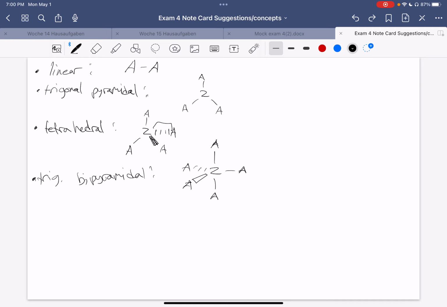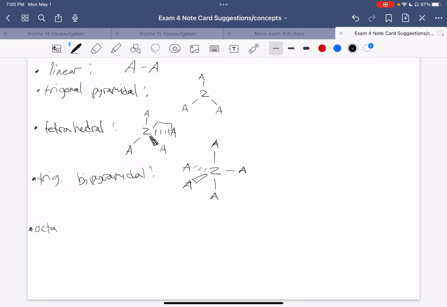They're all in the same plane, and then these two top ones are going to be 180 from each other, but they'll be 90 degrees from each one of the equatorial atoms. So yeah, that's how the trigonal bipyramidal will look.